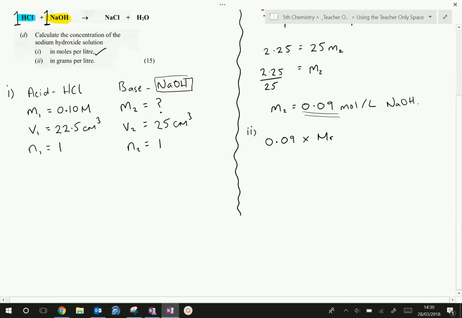To get the molecular mass of sodium hydroxide, sodium is 23, oxygen 16, hydrogen is 1, that gives us 40. So I take my 0.09 and multiply by 40, and that gives me my concentration as 3.6 grams per litre sodium hydroxide. And that's that part done. Calculations finished.